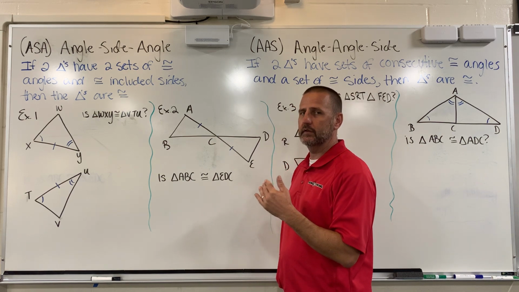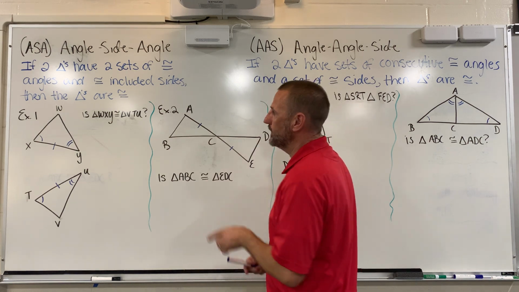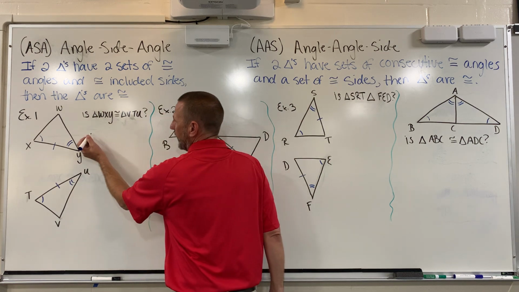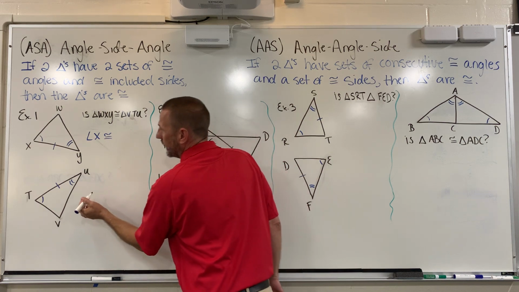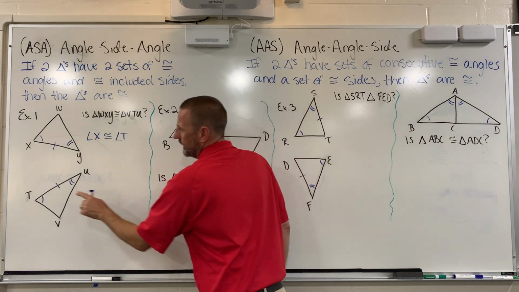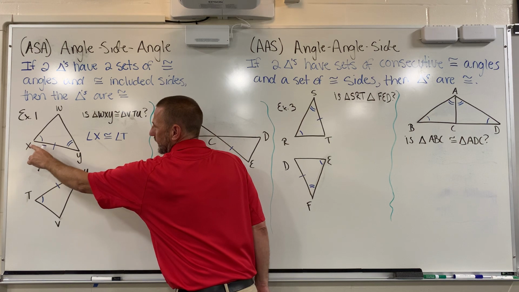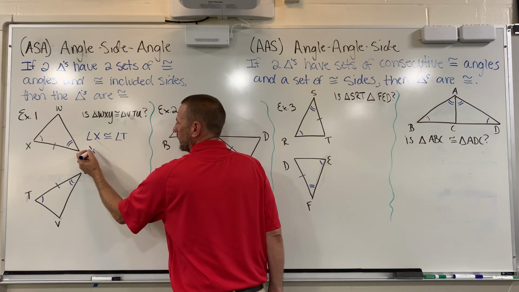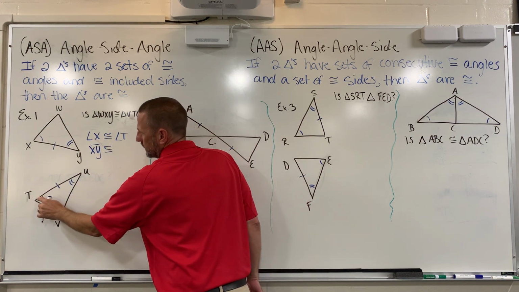So now I have to lay out the information I have. I'm going to start with what I see, and by looking at my first example, I see that angle X is congruent to angle T. And then on the next one, I see that I have a segment connecting here, so I've got segment XY is congruent to TU.